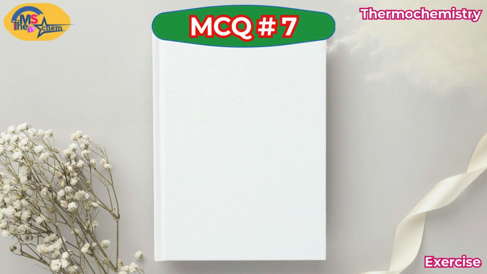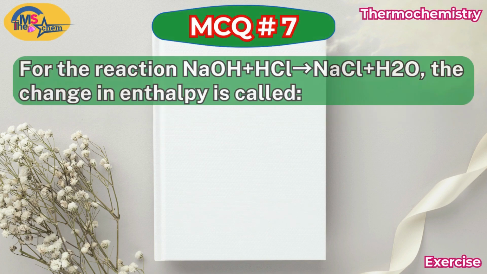And now we are on question 7, and the question is, for the reaction NaOH plus HCl gives NaCl plus H2O. This is the reaction. The reaction is a neutralization process in which we have seen that a base reacts with an acid to form salt and water, and the change in enthalpy is called.